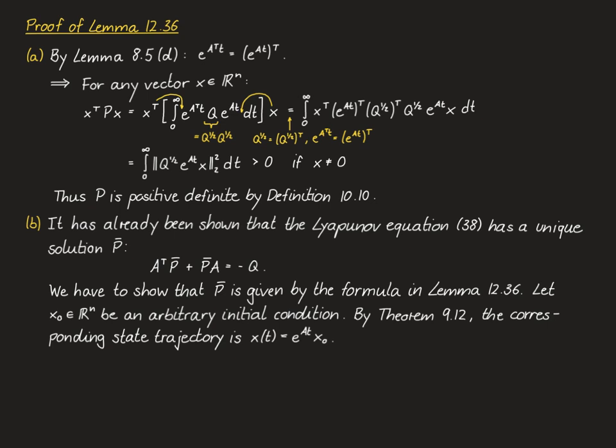By Theorem 9.12, the corresponding state trajectory of the continuous time linear autonomous system is given by x of t being equal to e to the At times x naught.